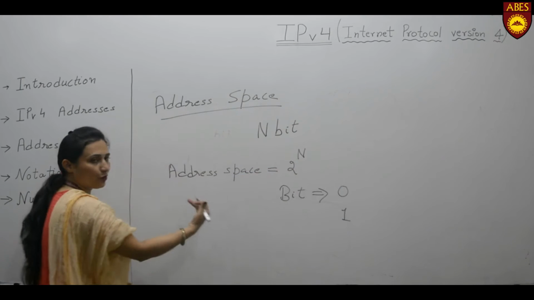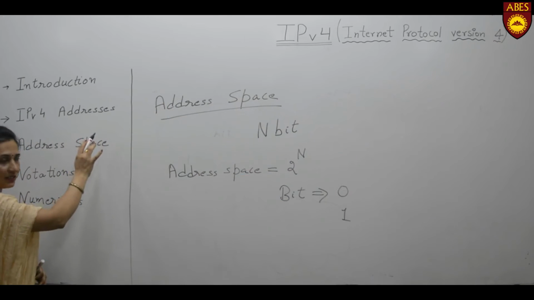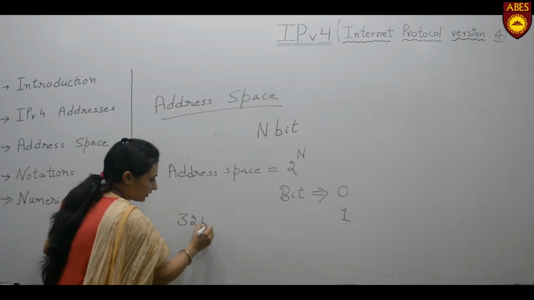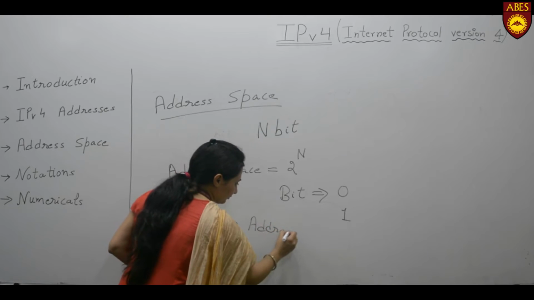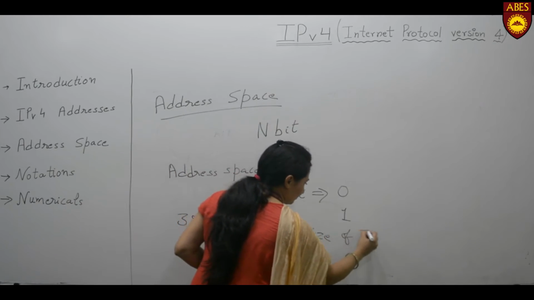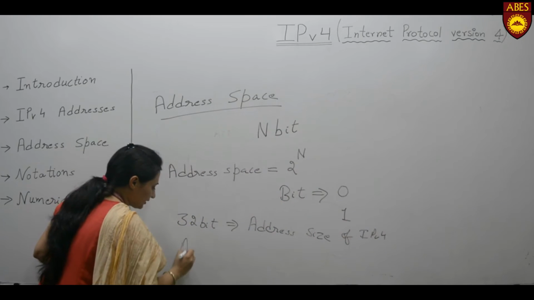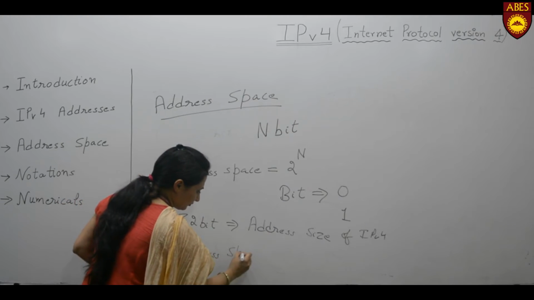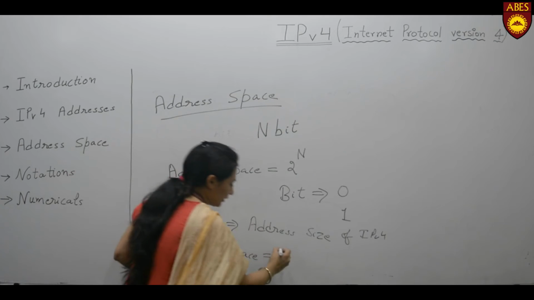If we apply this formula to IPv4 addresses, where the address size is 32 bits, then the address space equals 2 power 32.